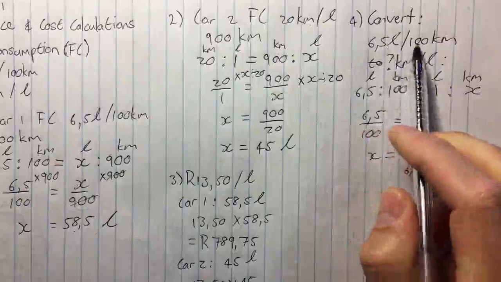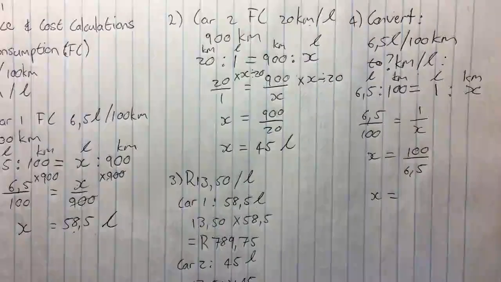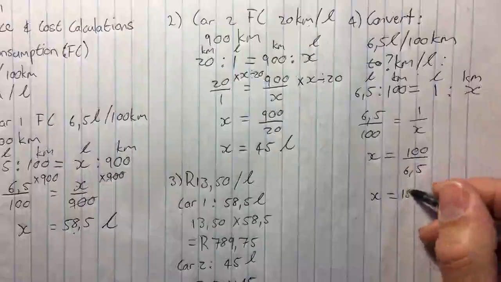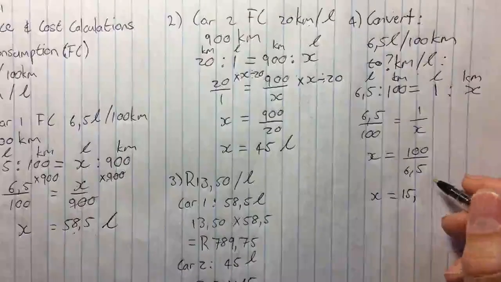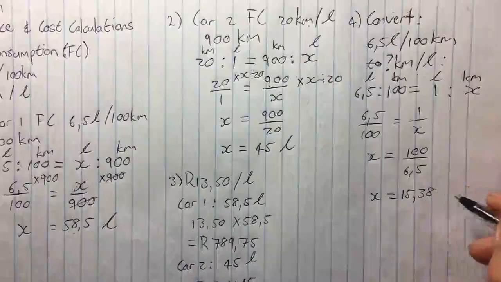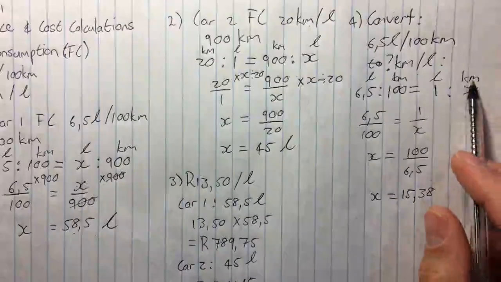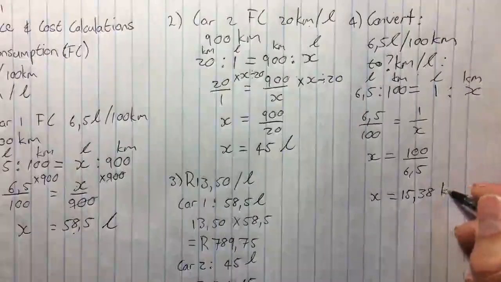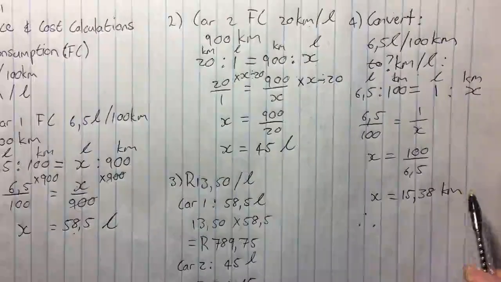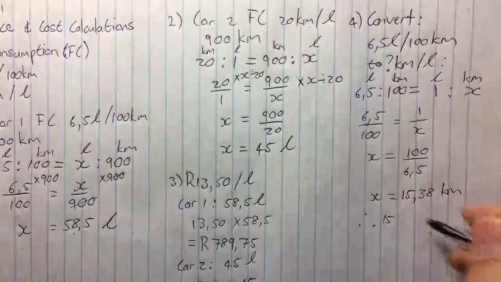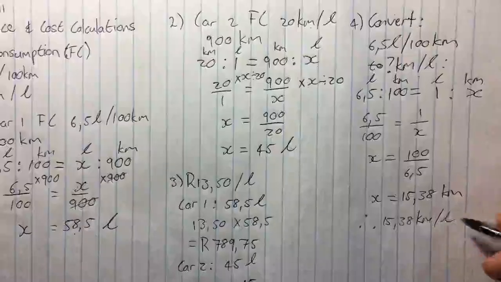So you just basically use these two. Okay, 100 divided by 6.5. And that gives us, let's round off to 2 decimal places, 15.38. Okay, 15.38. Remember, x now was kilometers. So it's kilometers. So this means that we have now 15.38 kilometers per liter.